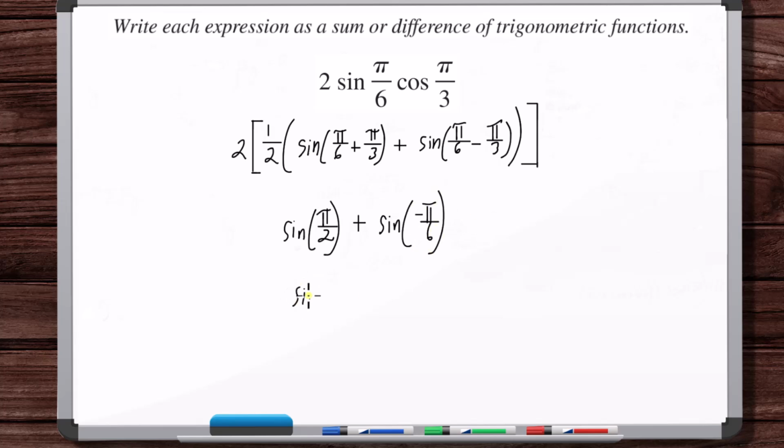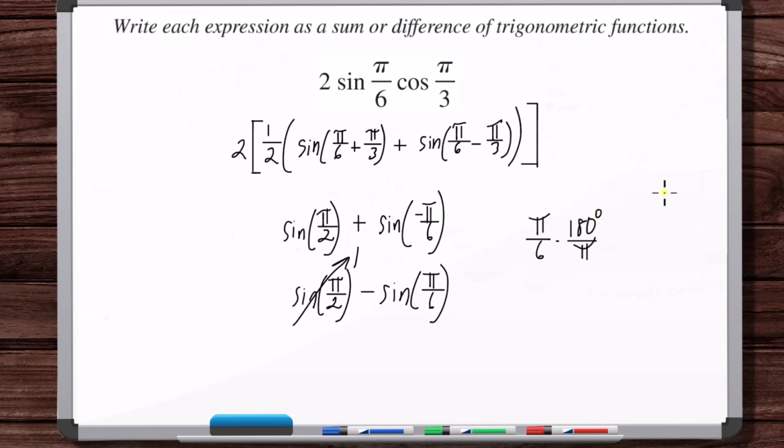Sine is an odd function, so we can write this way. Sine of pi over 2 is 1. Now pi over 6, what is that in degrees? So pi radians for every 180 degrees, so this is 30 degrees.